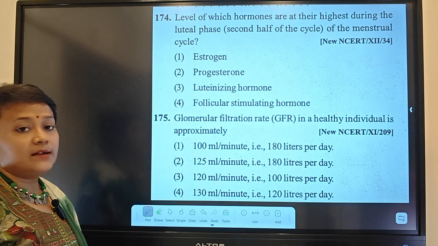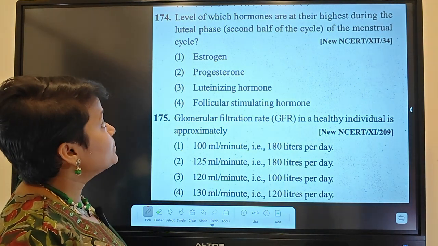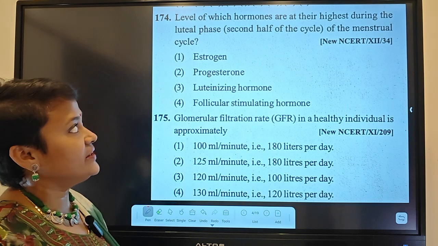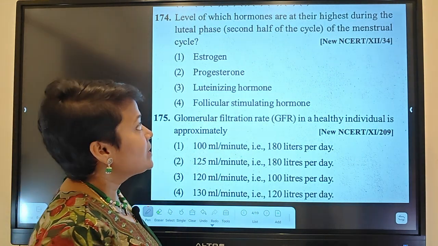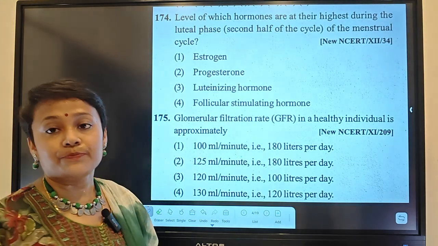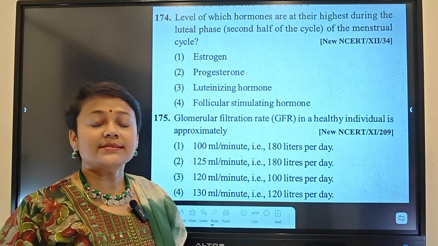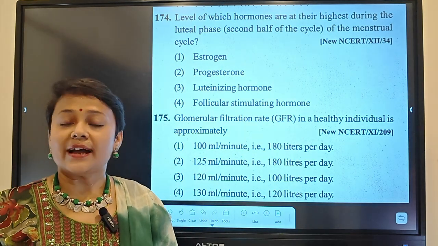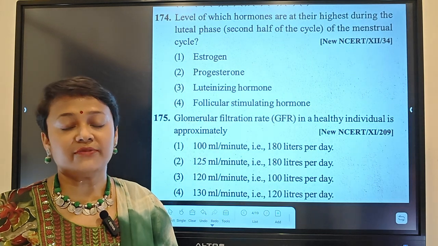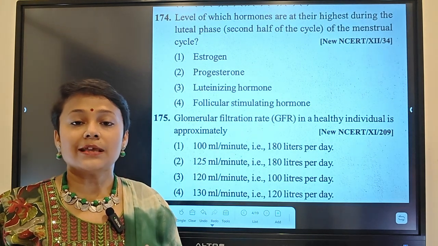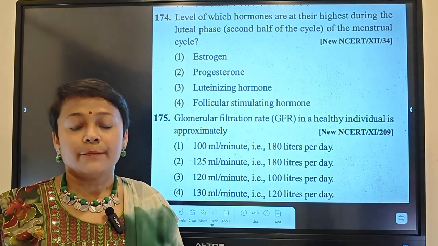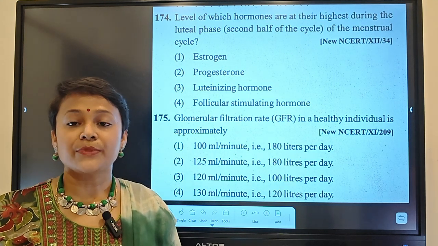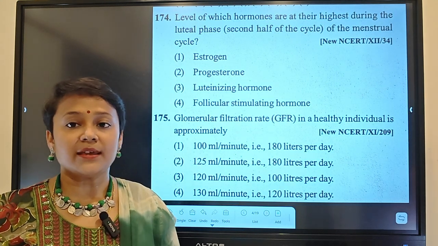Next one: levels of which hormones are at their highest during the luteal phase, the second half of the menstrual cycle. The luteal phase is also called the post-ovulatory phase. We know that in the pre-ovulatory phase, mostly there will be estrogen, because the granulosa cells produce estrogen, so estrogen will be at its peak.